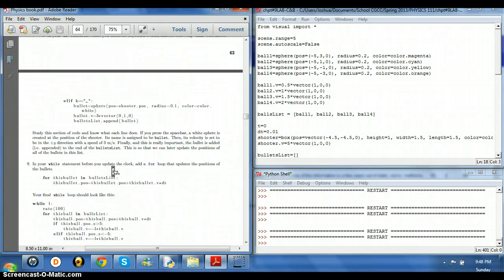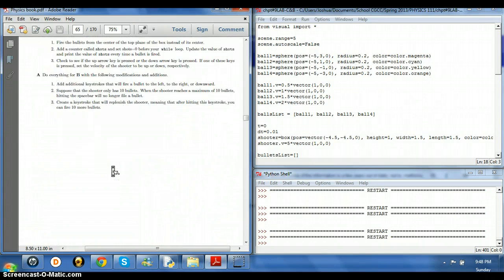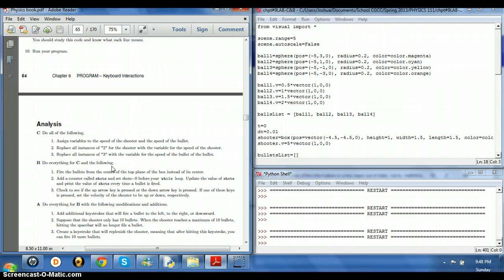I was basically able to get all the way through that up until, well, I did everything on the C and B except for the add a counter called shots and set shots equals 0, the number 2 section. That was something that I did not comprehend.